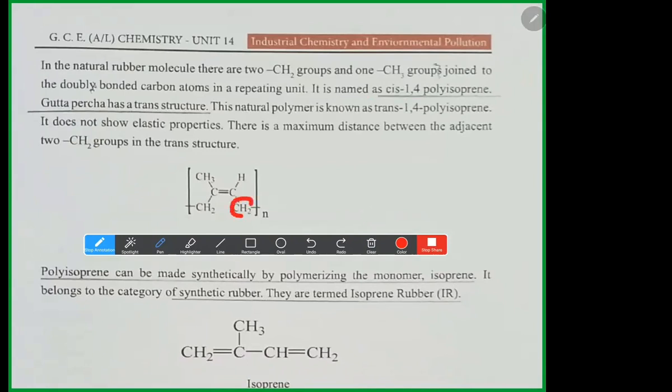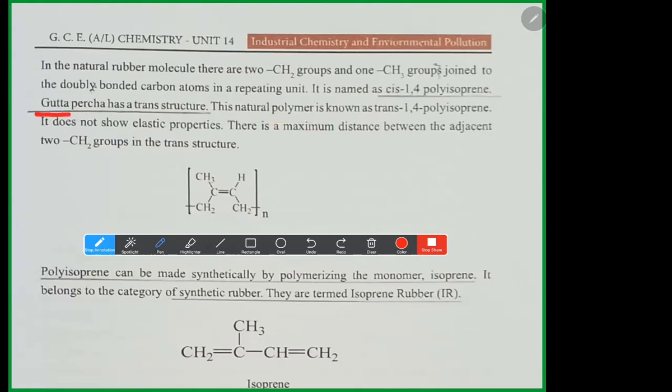If these two CH2 groups are in opposite directions, that is called Mathotaarachchi. Mathotaarachchi has a trans structure. This natural polymer is known as trans-1,4 polyisoprene.